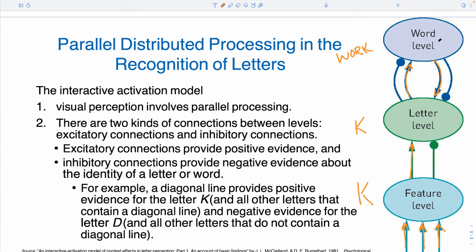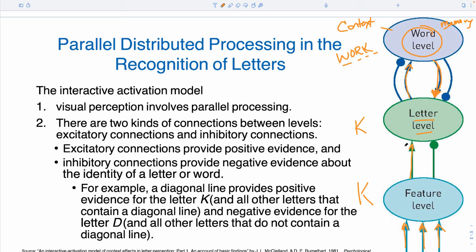But there's also this top-down processing going on, where once you can anticipate what the word might be based on the context and your memory of what the possibilities are for a word that starts, for example, with the letter W and has 4 letters, then the word level also is going to be able to go down here and lead to your perception of these letters.